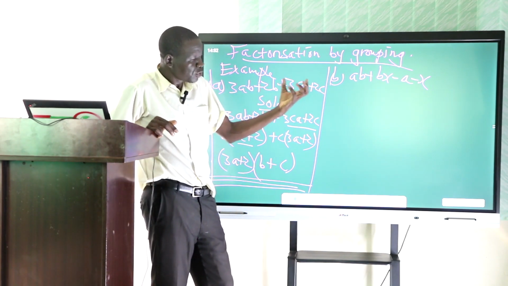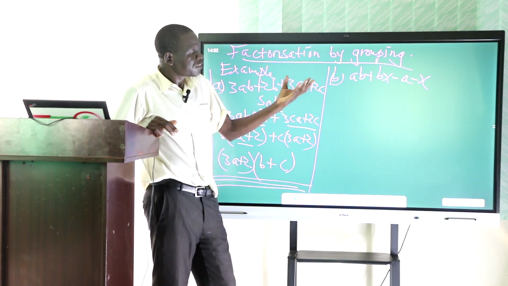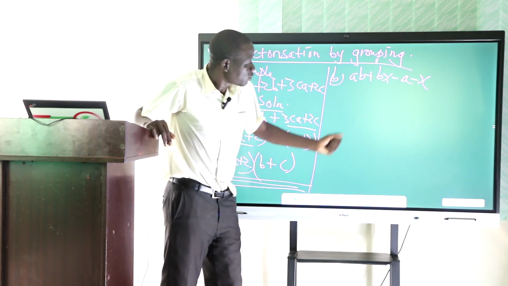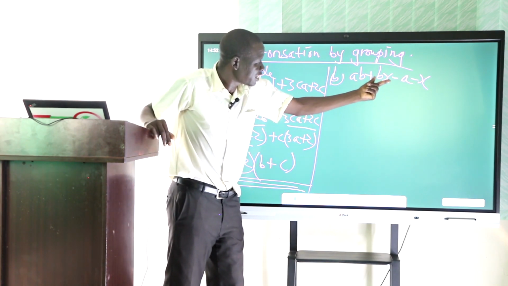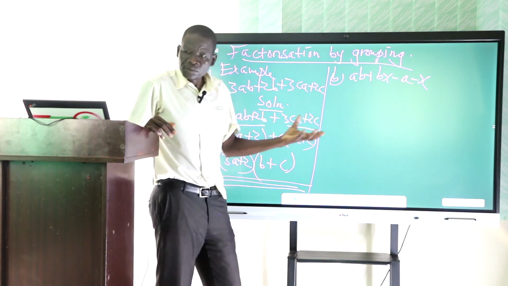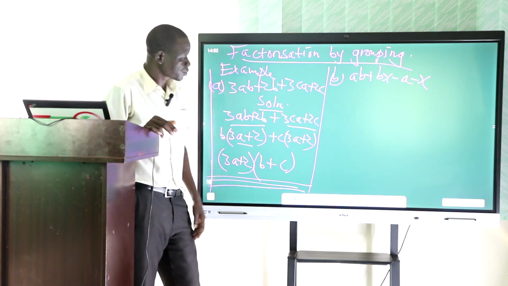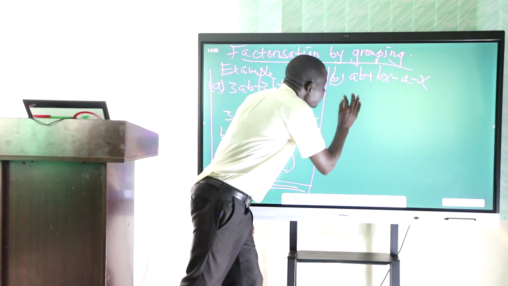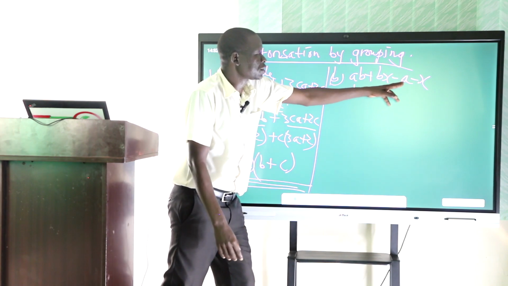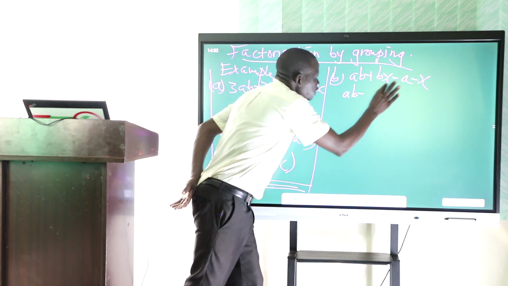Collect those terms which have similar variables together. You can see that we have a term in AB, then A, and then A. We bring them together. So in this case, we shall say AB is related to what? To A, because there is A there, there is A. So we say minus A.